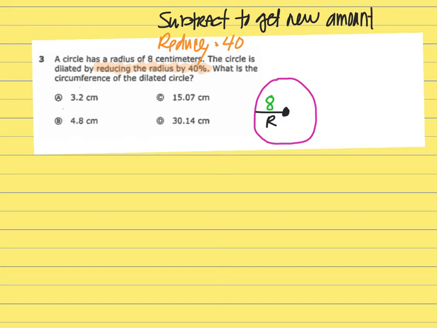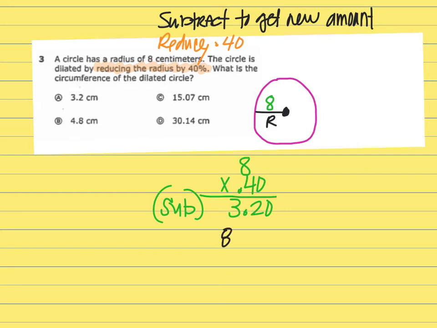It's not going to be 40% of, it's going to reduce by 40%. So what I would do is I would take 8 times 0.40, because that's the amount we're reducing. It equals 3.20 or just 3.2. So this is the amount that I need to subtract from 8.